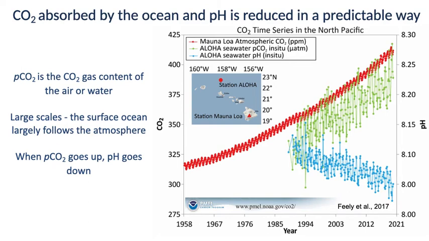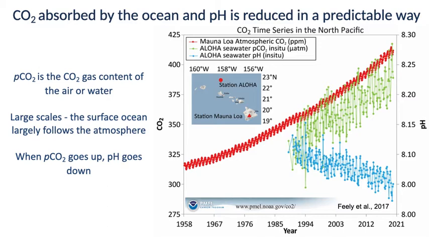So to start, I'm going to start with the large scale signal, which is depicted here from a figure from NOAA's PMEL Labs carbon program website, which shows you a long-term monitoring that's been going on from the 50s or so at Station Mauna Loa, depicted in this inset map on the island of Hawaii, right?